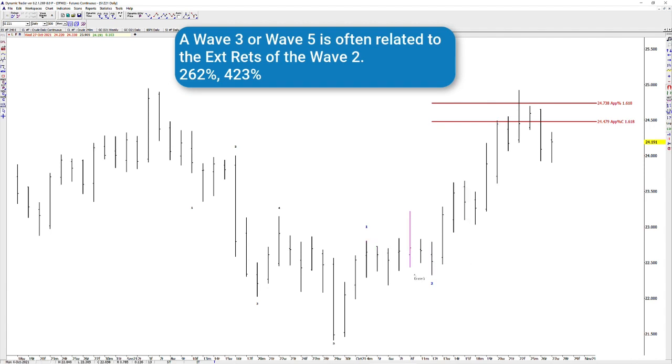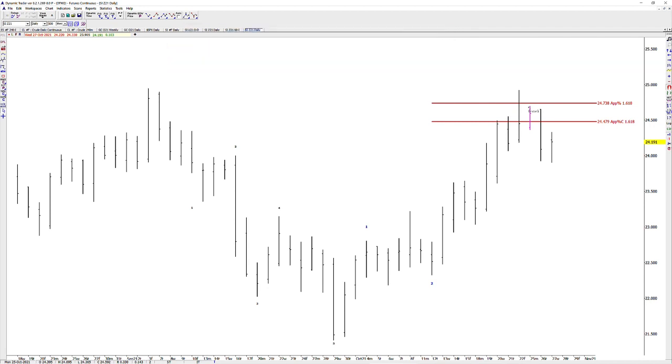And that would be the retracements of the wave 2 to help target, in this case, it could be the end of the wave 3 or the entire section up, the end of the entire 5-wave impulsive advance. I don't do them very often, but sometimes I do.